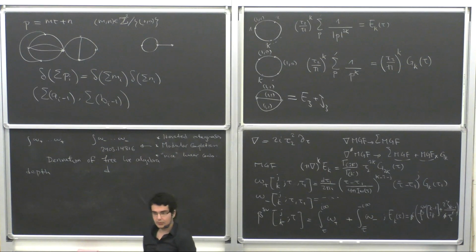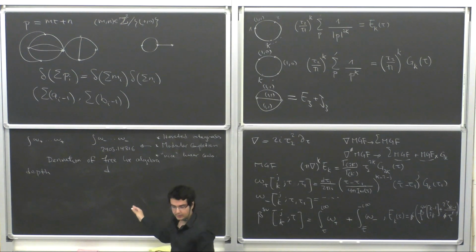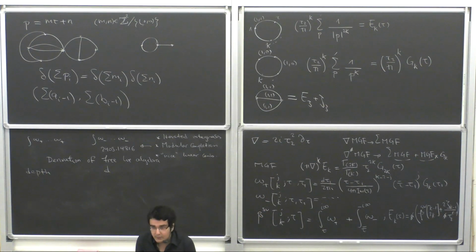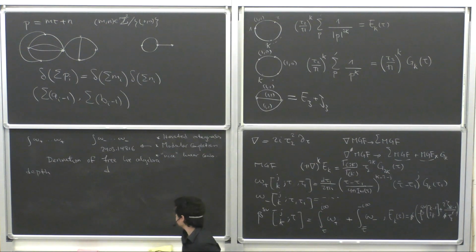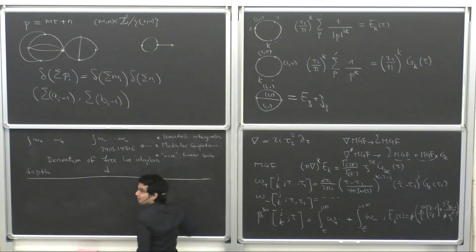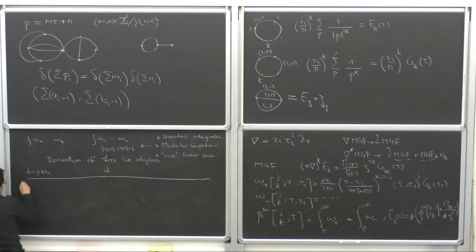Okay, if it's good enough, now we have a notion of depth, we have a notion of iterated integrals, and we can move on to their integrals. We can learn how to integrate them. So first of all, let's see what we are integrating over.